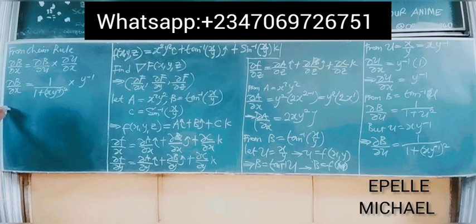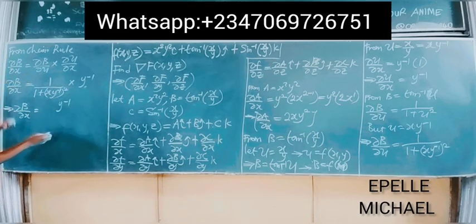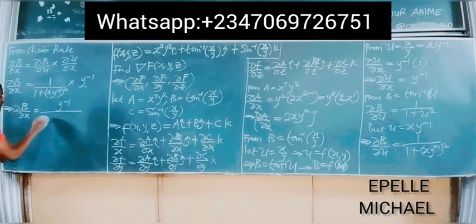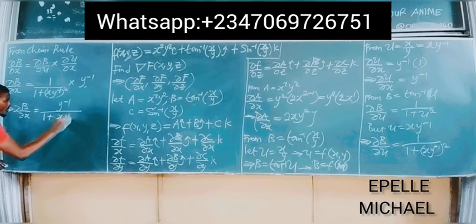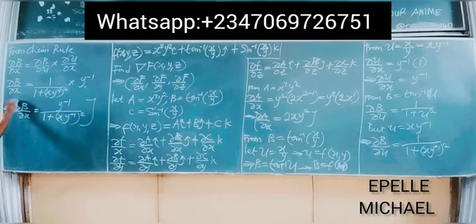So this implies that the partial derivative of b with respect to x is equal to y to the power of minus 1, of course this times 1 remains, all over 1 plus x y to the power of minus 1 all squared. So you keep this aside.